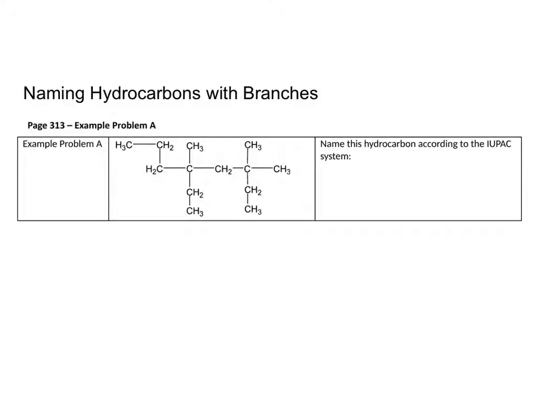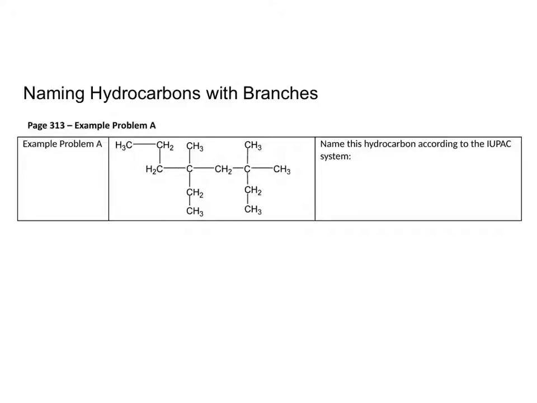So when you name them, you have to identify the longest continuous chain. And generally speaking, when I try to identify the longest continuous chain, I try to highlight as long as I can go.